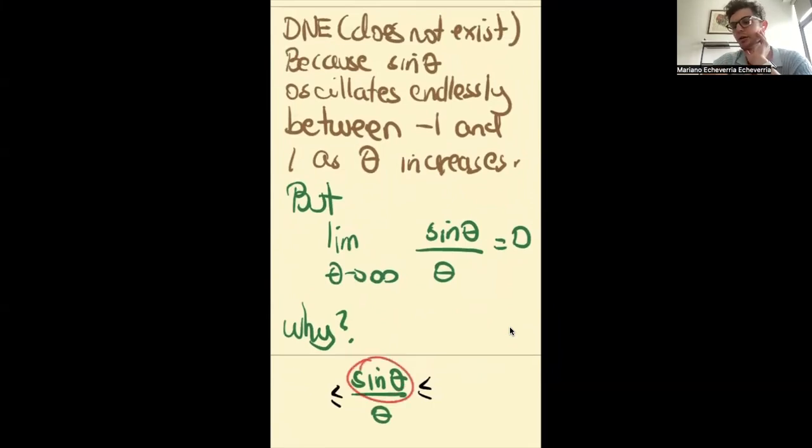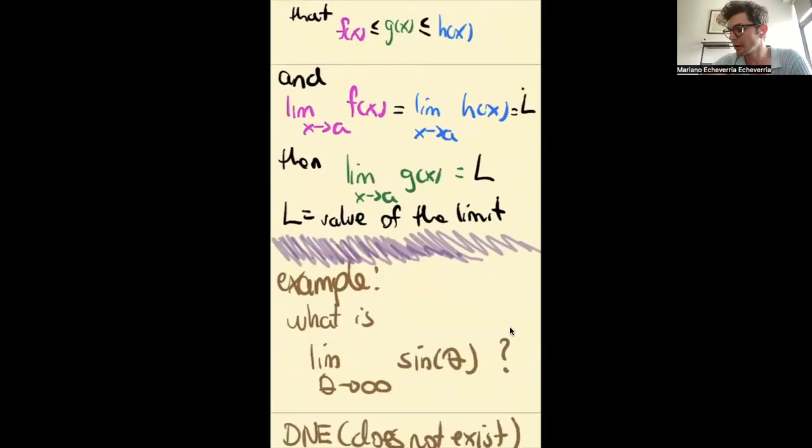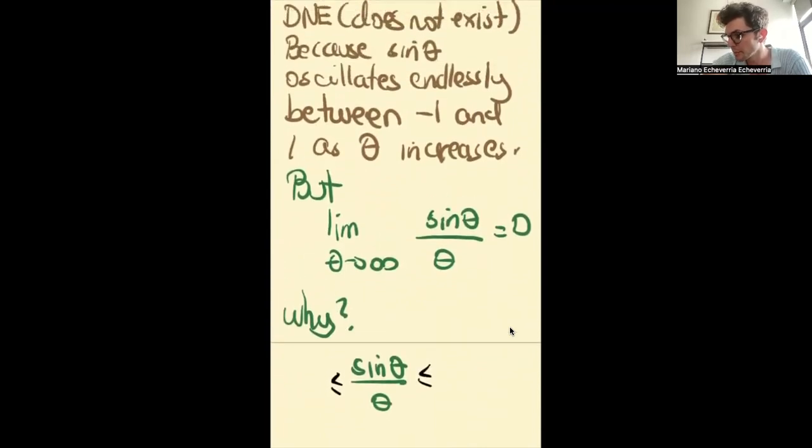A couple of minutes ago, I told you that there's a very important inequality that sine of theta satisfies. If you look at that inequality, maybe you wrote it down. What's the biggest sine of theta can be? I have said this a couple of times already. Sine of theta can be at most 1, right? So sine of theta over theta can be at most 1 over theta.